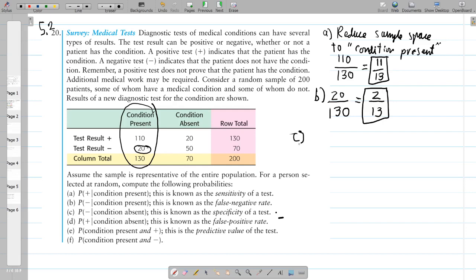C. C is asking, now it's conditioning on the condition being absent. So suppose you're told the condition is absent. Then in C, what's the chance of a negative?